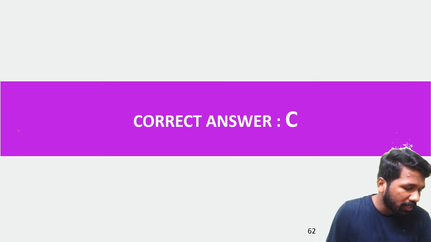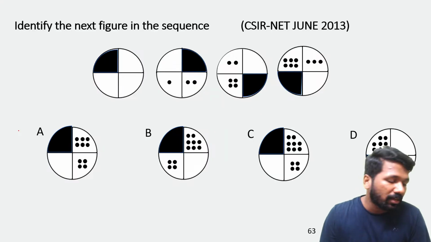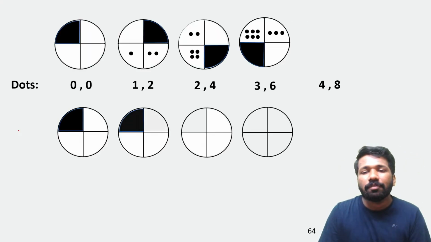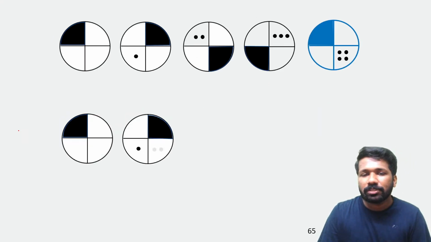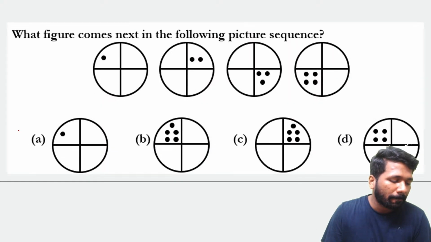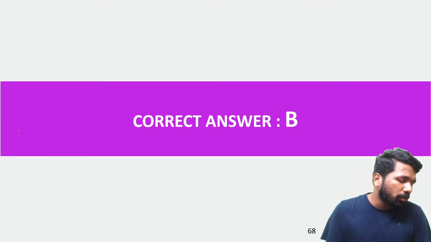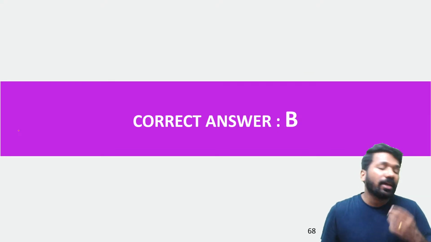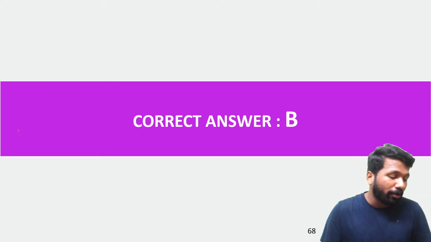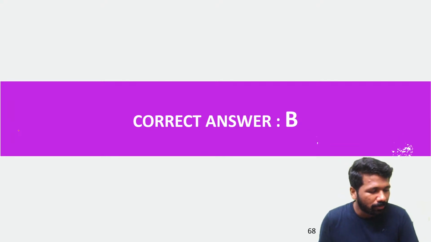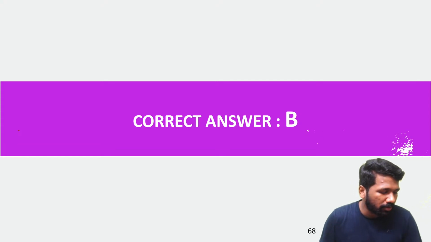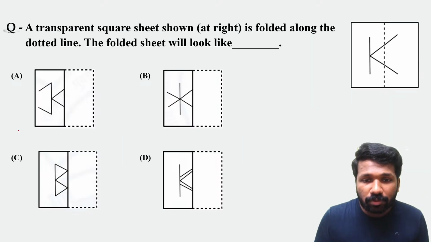As I told, I want maximum content or almost all the content to be finished before your CSIR exam. For that, maybe some lectures at least we have to change the timing. Earlier we used to take classes always at 11 o'clock in the morning, but I don't know whether tomorrow 11 o'clock is possible, because some other classes are there in the morning also. Otherwise evening time, maybe 4 o'clock or 3 o'clock in the afternoon, I will try to take tomorrow.